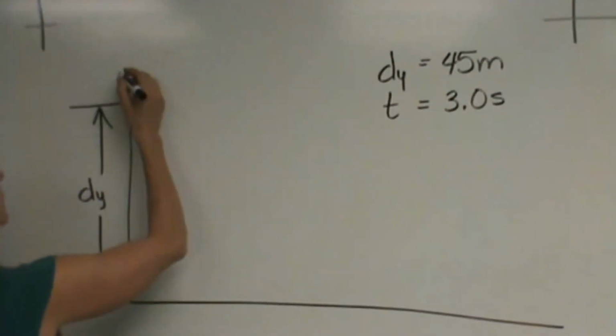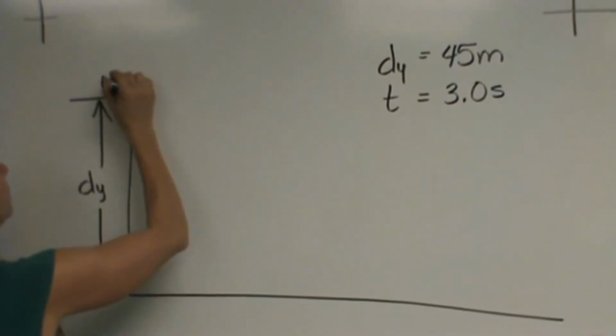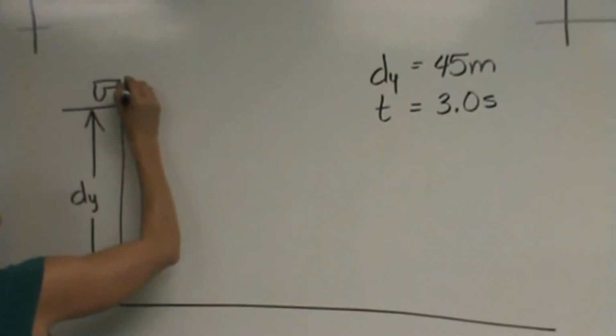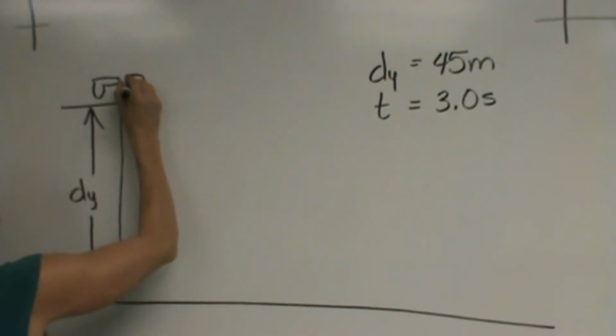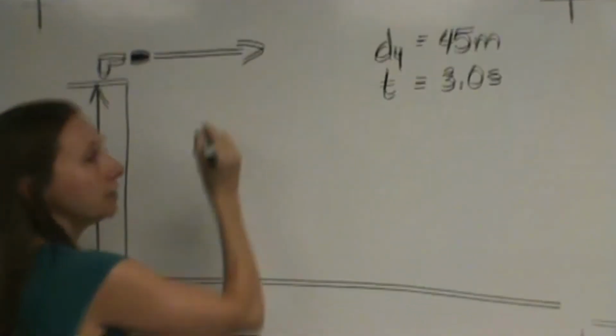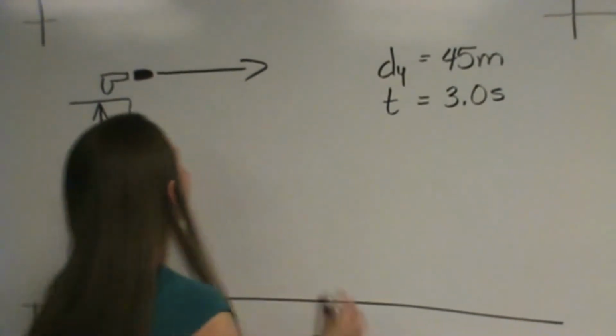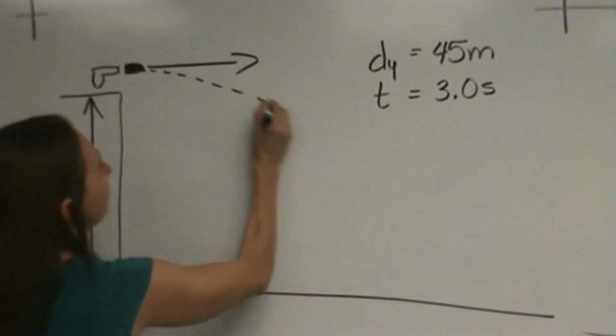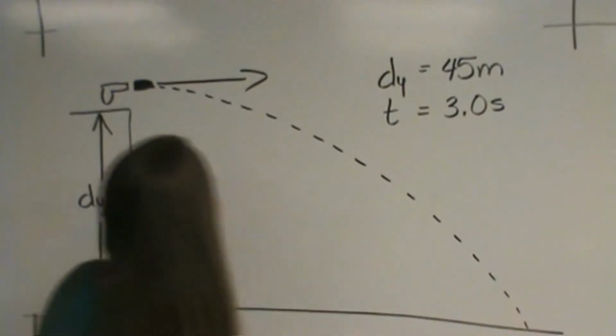Now, let's make it a gun. Here's a gun, and it's a bullet. And the bullet is fired horizontally. Again, it immediately starts to fall down.